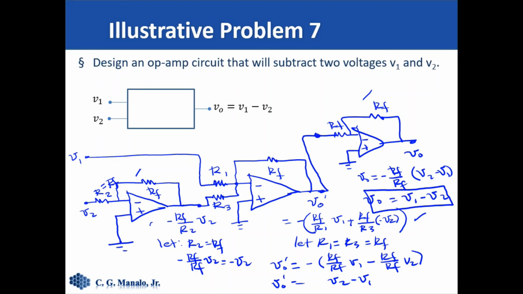And this is our circuit. So we used three op-amps to accomplish this function. Now there's a possibility that we could only use two op-amps, and I will leave that up to you to check if that is possible.